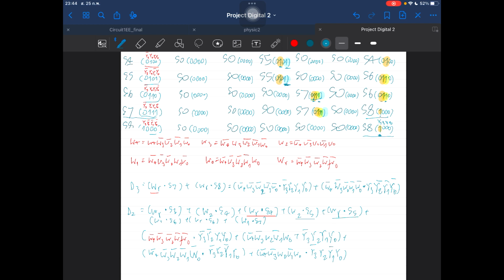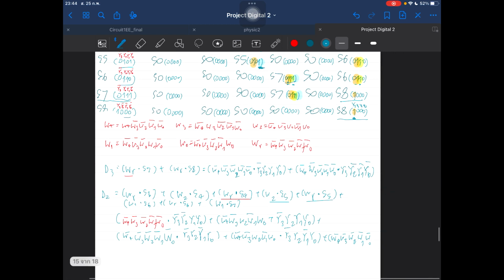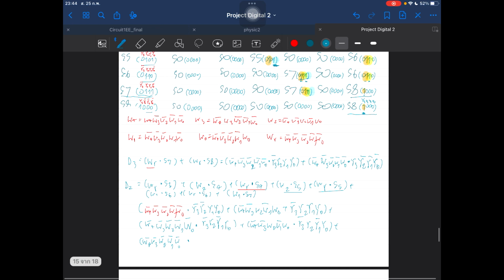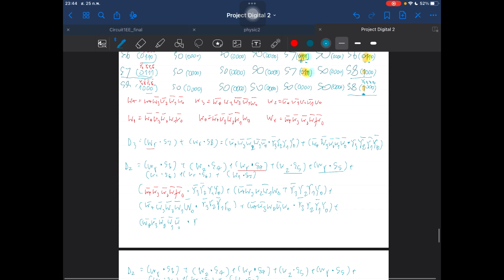Next line is WR, and the name of state 5 is Y3 that, Y2, Y1 that, and Y0.